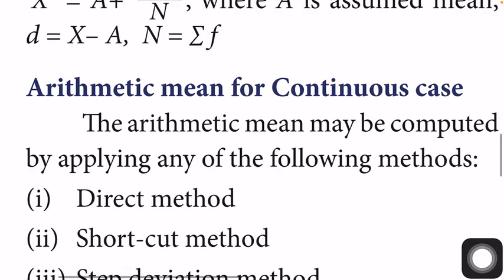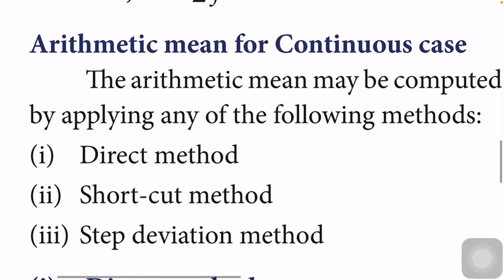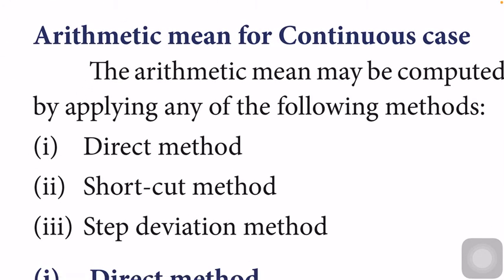Arithmetic mean for the continuous data case. Sometimes the data may be continuous, that means for 0 to 10 the answer is 5, for 10 to 20 the answer may be 9. How many marks they have got, how many people in 0 to 10, how many in 10 to 20, how many in 20 to 30. That kind of data is known as continuous data.